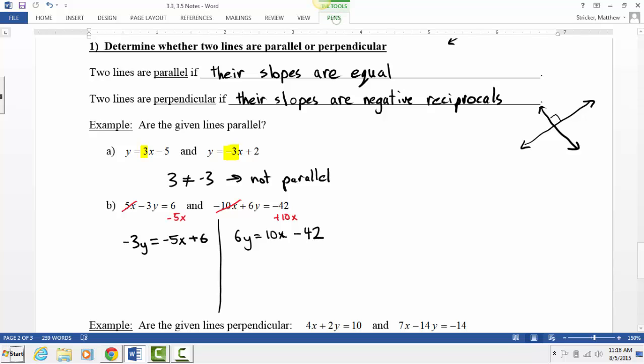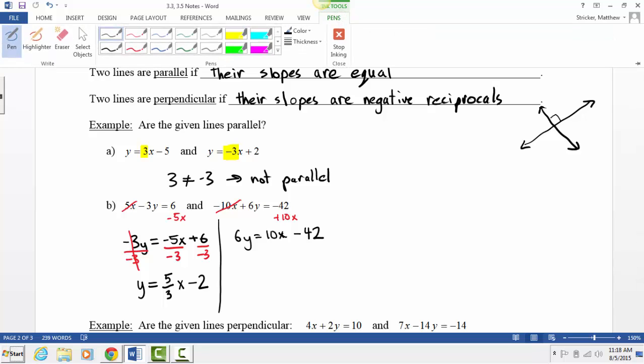We still don't have y by itself in the first line. That means we need to divide everything by negative 3 to cancel those negative 3's. They divide out, which leaves us with y equals negative divided by a negative is a positive 5 over 3x, and 6 divided by negative 3 is negative 2.